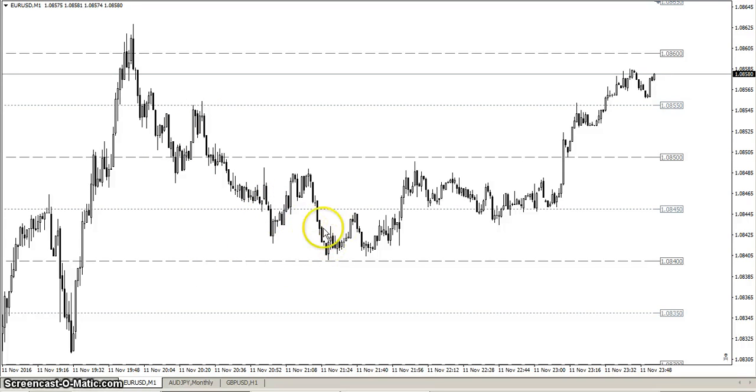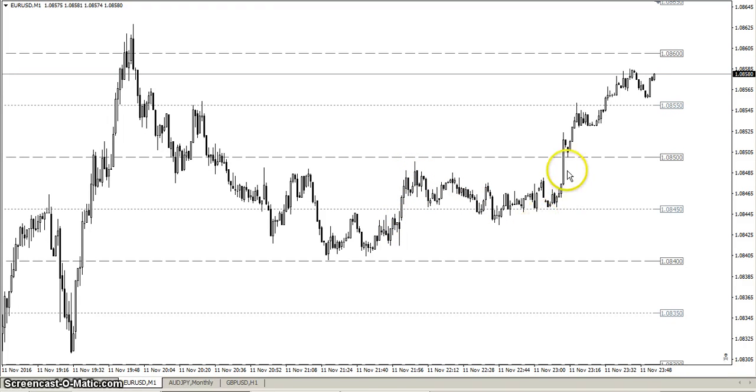So right here, you say, okay, price closed below that line, and then finally price came back, but it didn't even cross this line. Closed below this line, so now it came back. Oh, there's almost 5 pips, maybe 4.